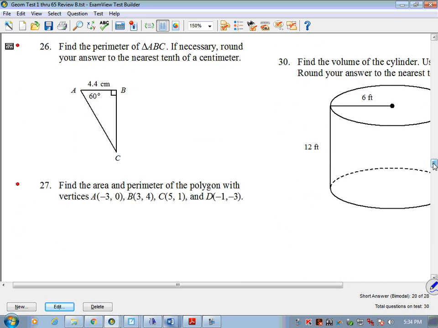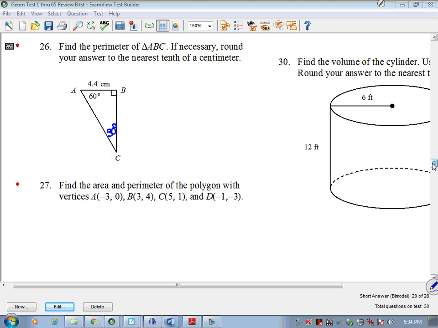Okay, find the perimeter. This is based upon 30, 60, 90 triangles, lesson 56. If this is 60 that we see and 90, then this is 30, then we have to deal with our ratios. So 4.4 is my short side. My hypotenuse is 2x, so 4.4 equals x, and AC equals 2 times that.